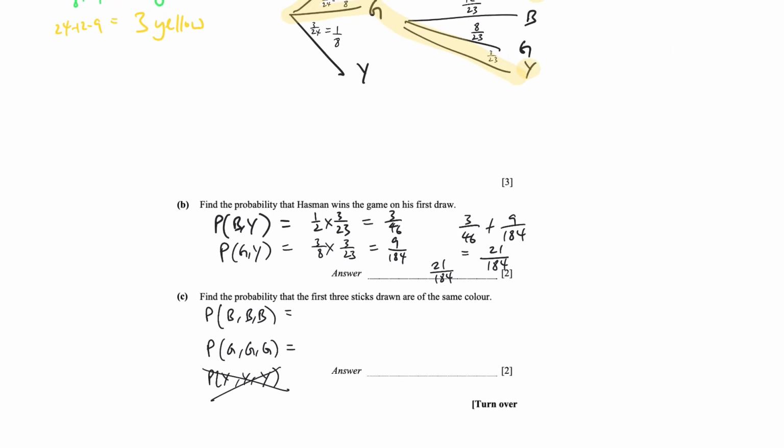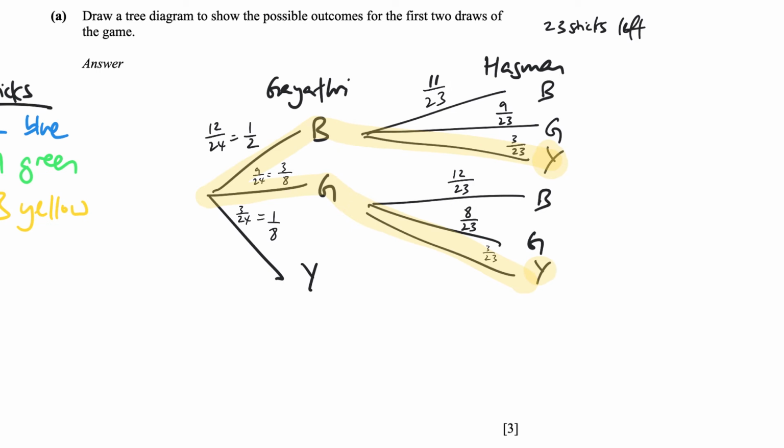So only 2 possibilities, blue, blue, blue, and green, green, green. The probability for blue, blue, blue is basically blue, blue, and then blue again. Of course, we don't have this part, but actually we don't need it. We can think about it.